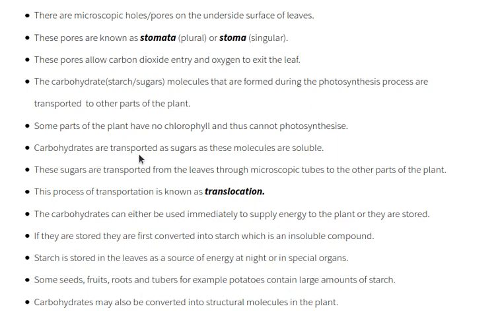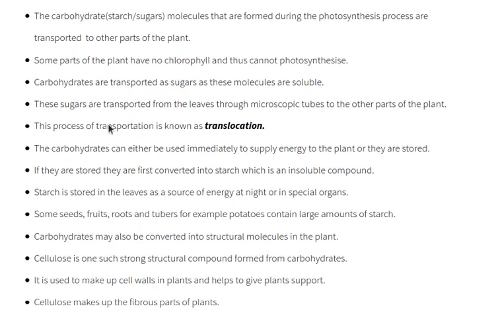So carbohydrates are transported as sugars or as glucose, as these molecules are soluble, right? So the sugars are transported from the leaves through the microscopic tubes to the other parts of the plant. We'll give names to this, and the name of the microscopic tubes is actually the phloem vessels.